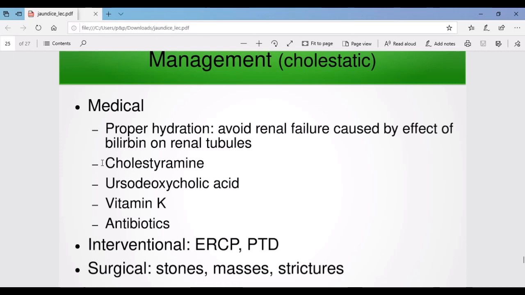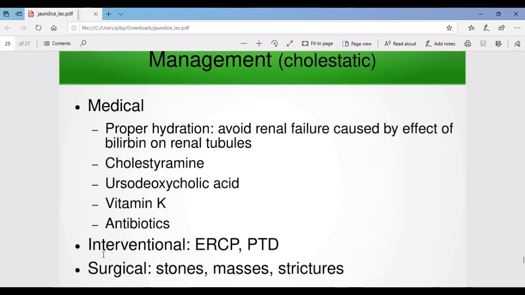We can give the patient also ursodeoxycholic acid, and this acts by replacing the bile acids with non-injurious bile acids. We give the patient vitamin K because these patients have a lack of absorption of fat soluble vitamins, and vitamin K is important for production of prothrombin.